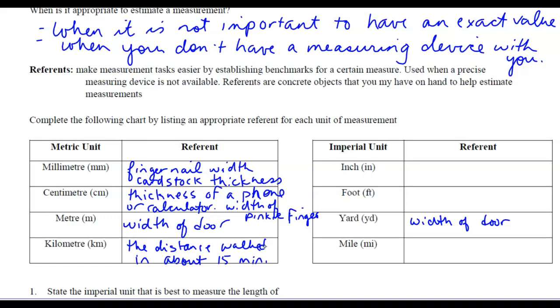Okay, then for the referents for imperial, remember I mentioned to you yesterday, it comes from measurements of a king. So a king's foot, say a man's.